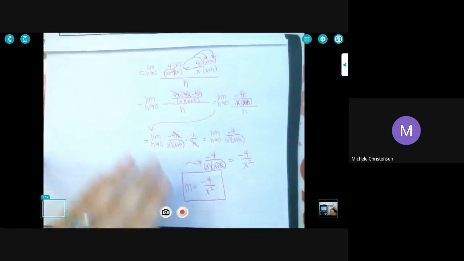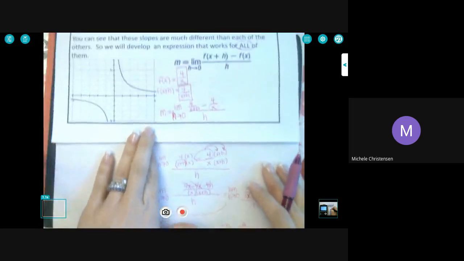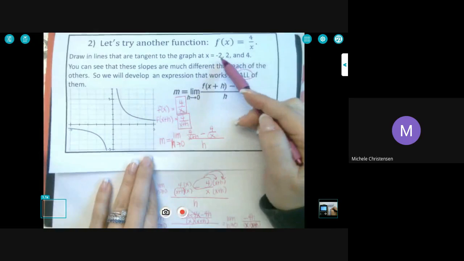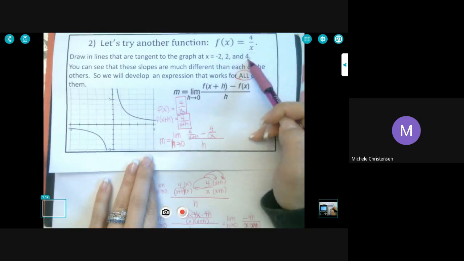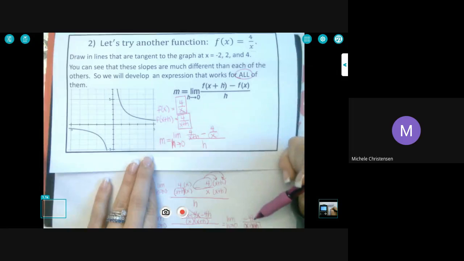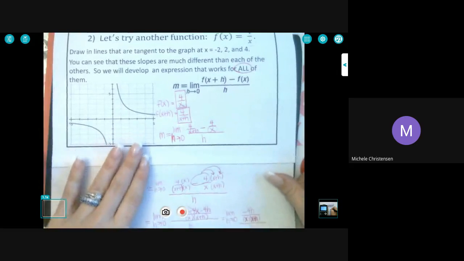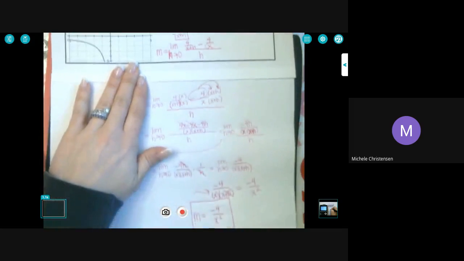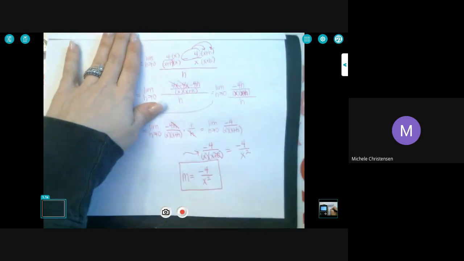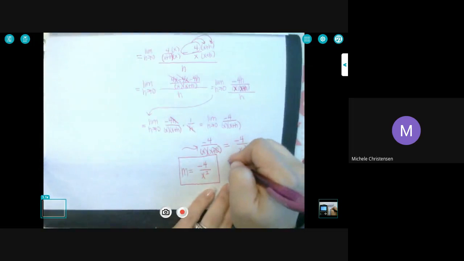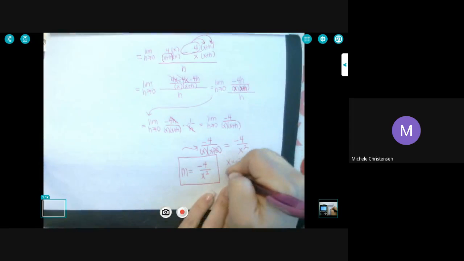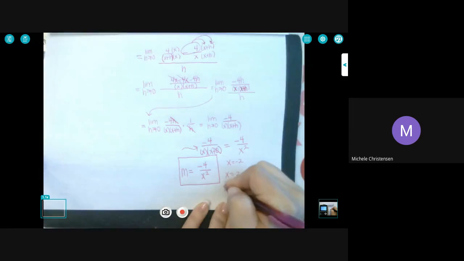Because the original question here asked me to think about -2, +2, and 4. So having to do the limit formula for each one of those separately, this problem would have taken 3 times as long. This way, I only had to do the limit once, and now I can plug in all of those x values pretty quickly.